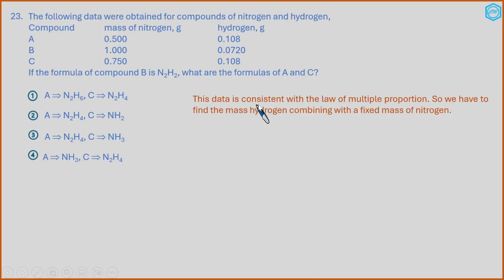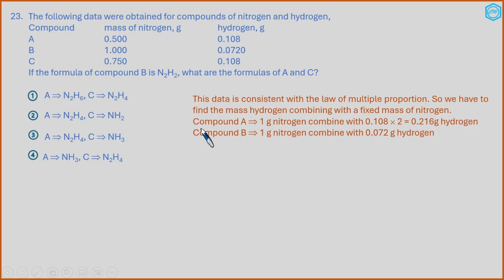Now this data is consistent with the law of multiple proportions. So we have to find the mass of hydrogen combining with a fixed mass of nitrogen. Let the fixed mass of nitrogen be 1 gram. In compound A, 0.5 gram nitrogen combines with 0.108 gram hydrogen. So 1 gram nitrogen will combine with this multiplied by 2, that is 0.216 gram hydrogen.